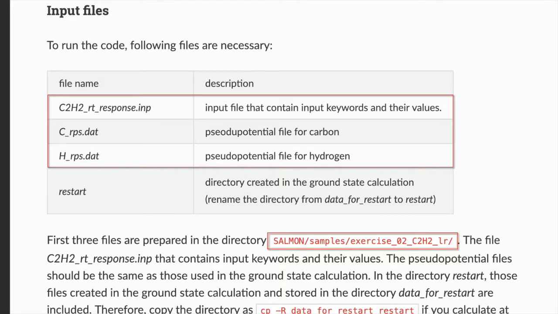C2H2_RT_response.inp is an input file. C_RPS.dat and H_RPS.dat are files of pseudopotentials of the carbon atom and hydrogen atom respectively. These were used in the ground state calculations.